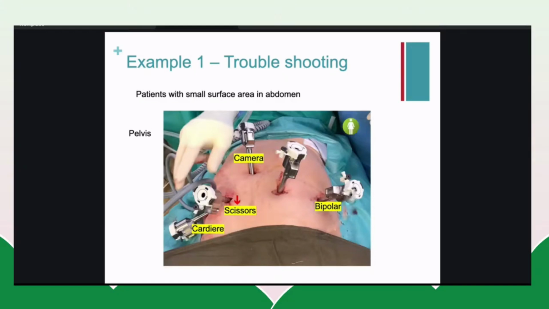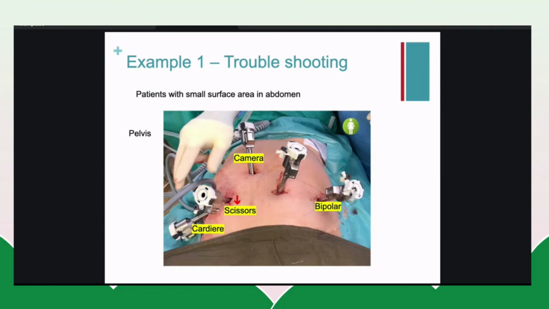We put the camera port in the umbilicus, and then 4 other ports in the lower pelvis. The scissors and this one, we put about 7 to 8 centimeters next to the midline. And then the grasper, which we use for cardia, and also the bipolar are 7 to 8 centimeters next to the medial port.